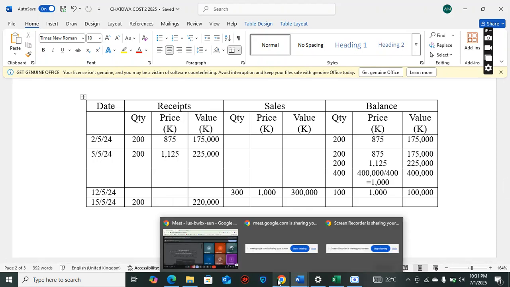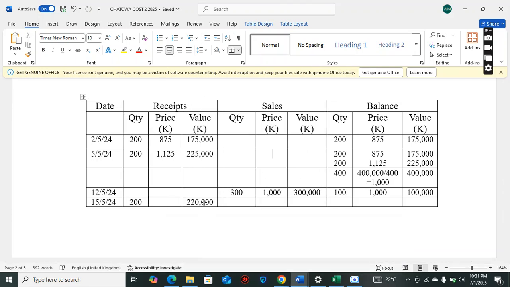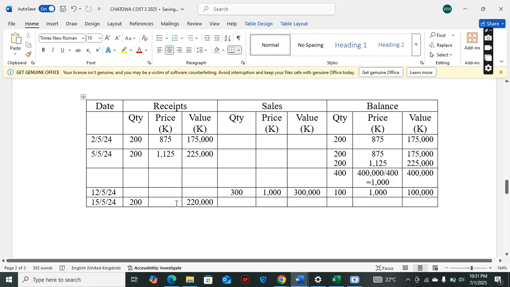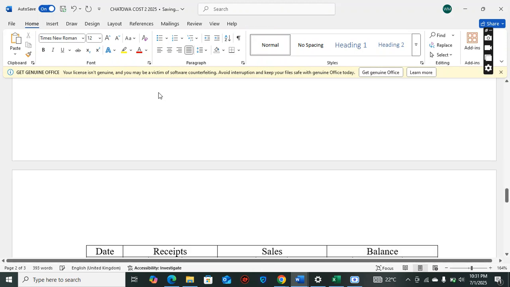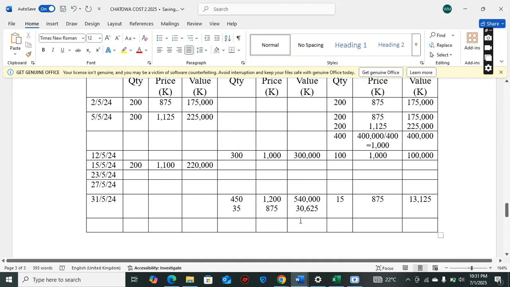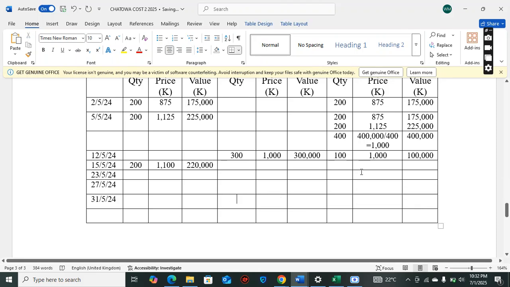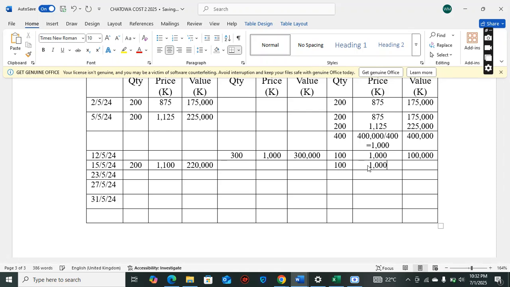So are we there, colleagues? 220,000 divided by 200. Okay, thank you. So we initially had 100 solar panels valued at 1,000.